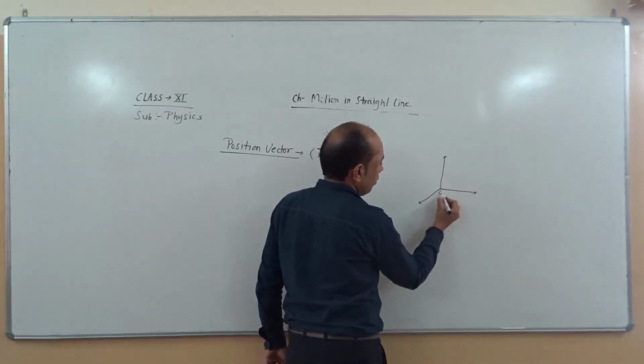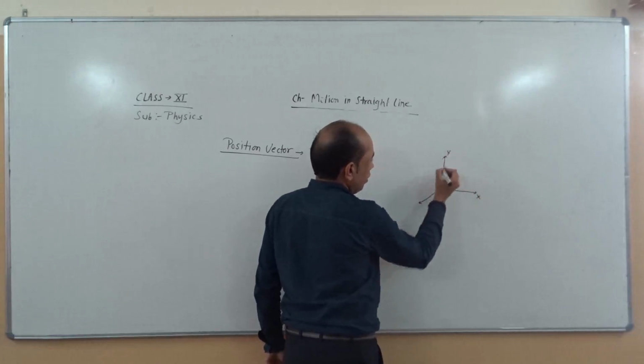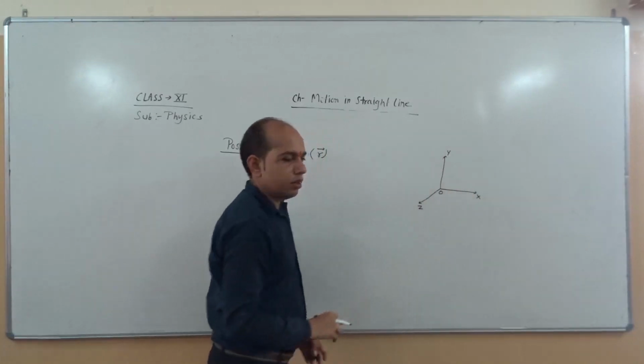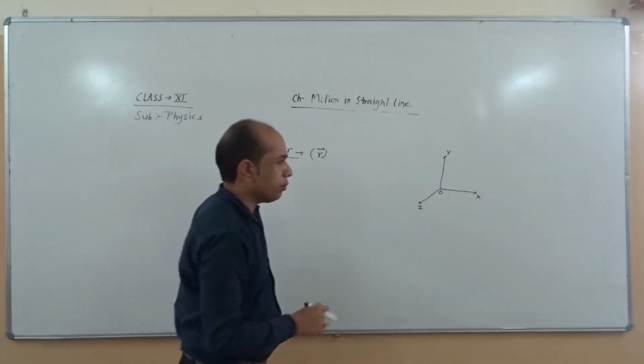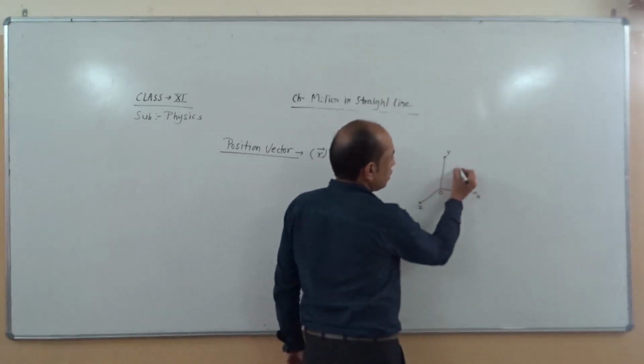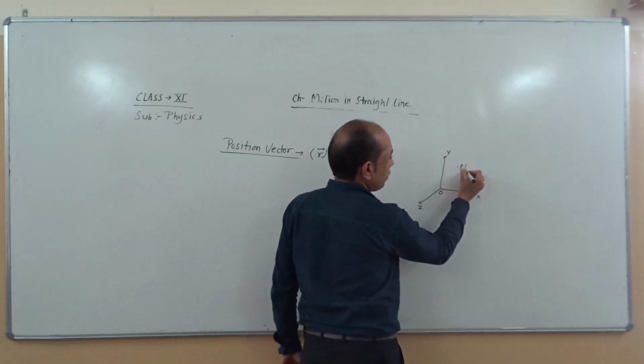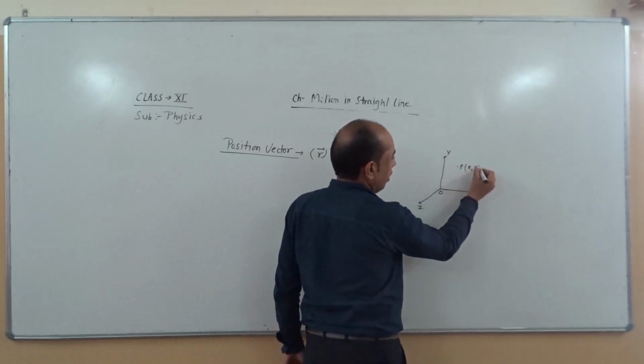For example, this is a three-dimensional system. In 3D, suppose this is the position of the object P, x y.